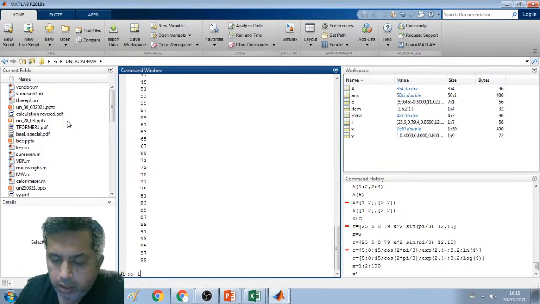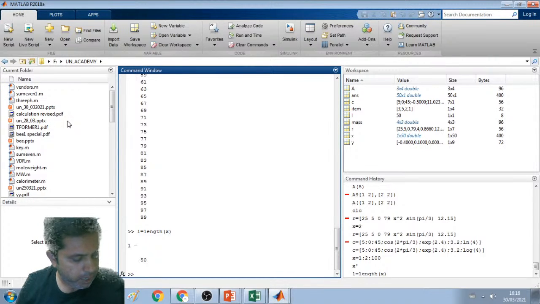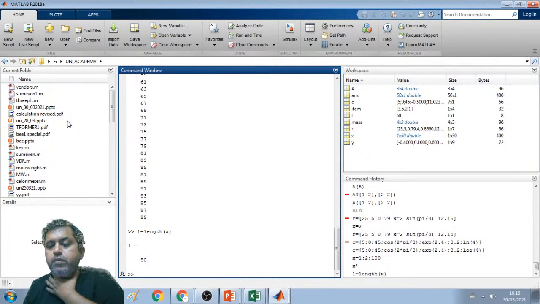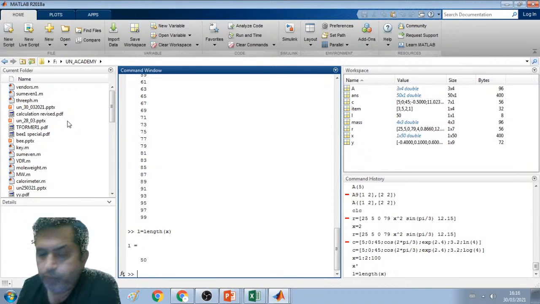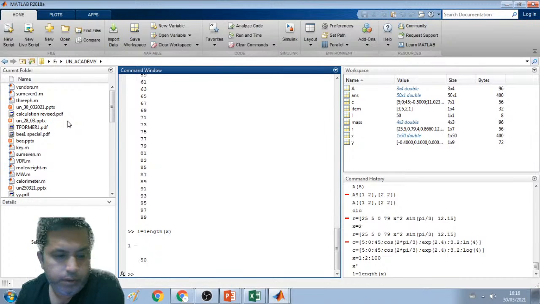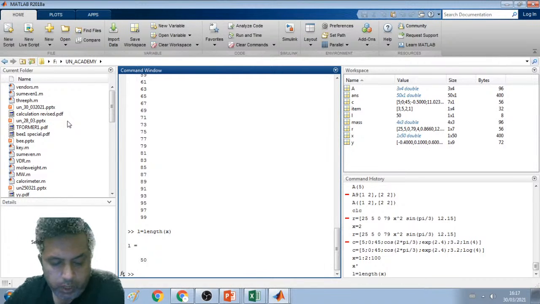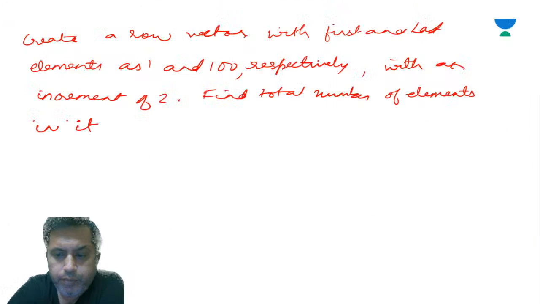So length L equal to length of x. 50 elements are there. How many elements? 50 elements are there. Okay, let us move on to another example.